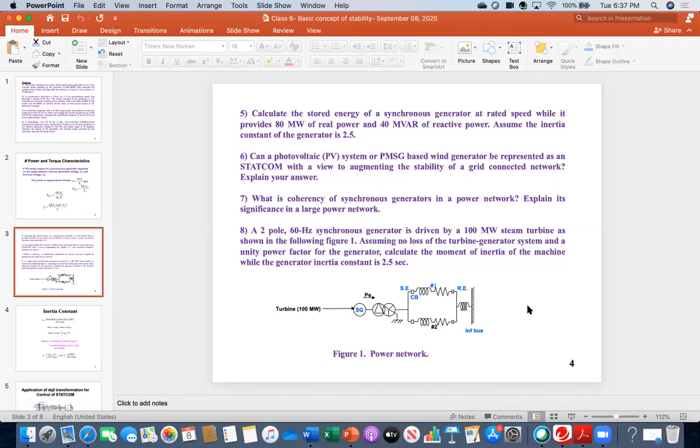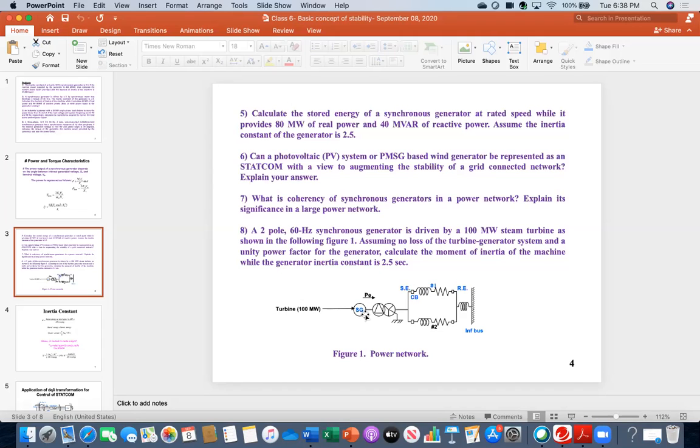The only difference as compared to other problems is that here I am telling it a different way. The generator MVA is not directly given. Rather, I am saying it's a lossless system, the power factor is unity, and the turbine input value is given.